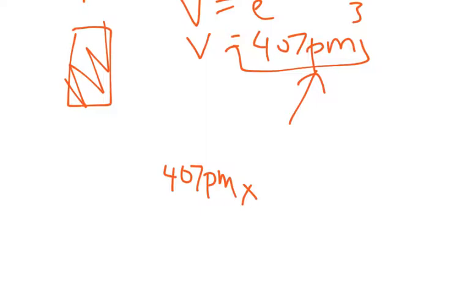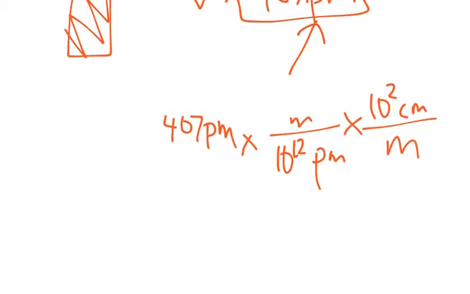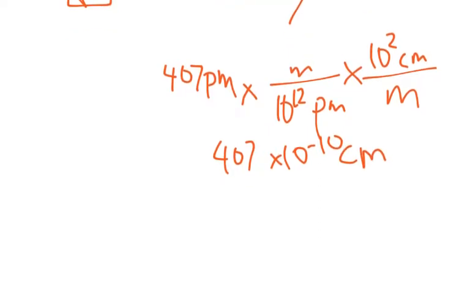So I think there are 10 to the 12 picometers per meter, and we know that there are 10 to the second centimeters per meter. So doing the math, we can see that we are going to get 407 times 10 to the negative 10 centimeters, and we want this in scientific notation, so it would be 4.07 times 10 to the negative 8 centimeters.